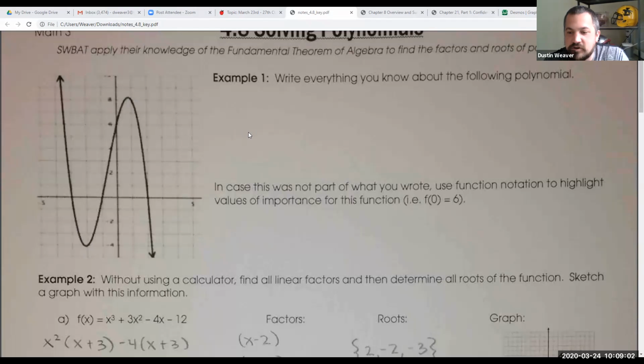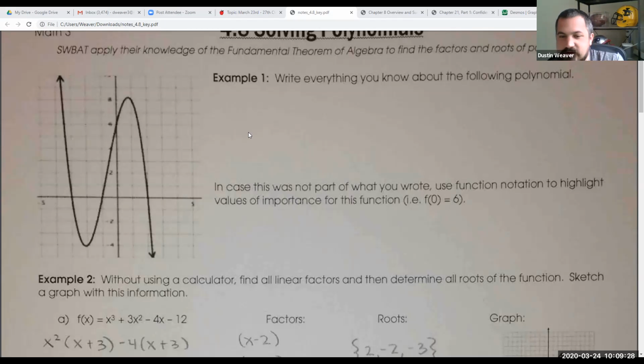If it has 2 turns, then it is the third degree. If it had 1 turn, like a U, it's a second degree. If it has no turns at all, like a line that just keeps going forever and ever, then that is the first degree. So because this one has 2 turns, it is a third degree.